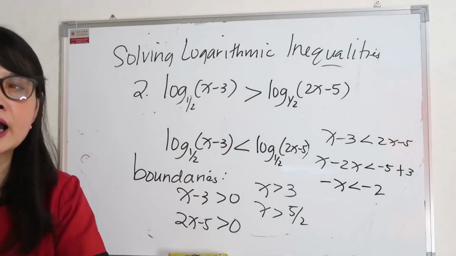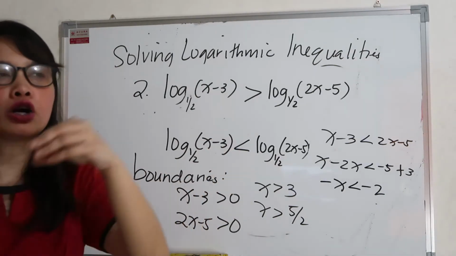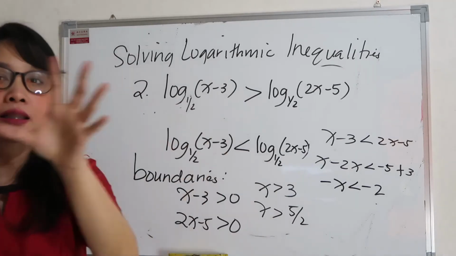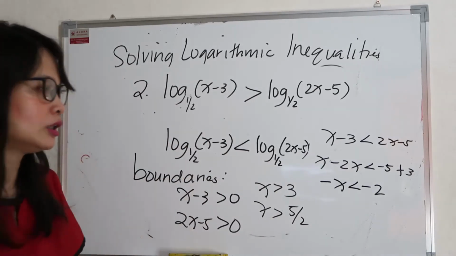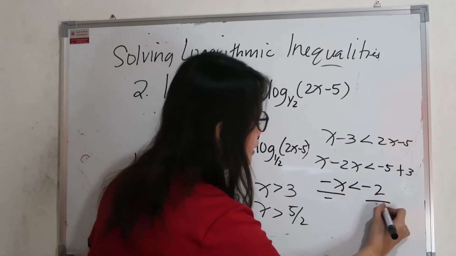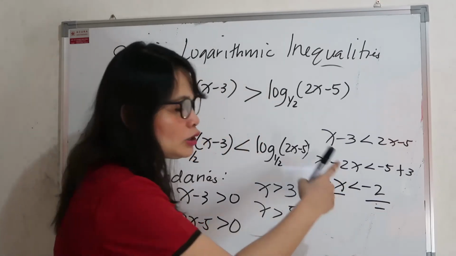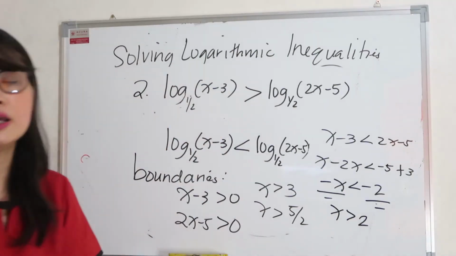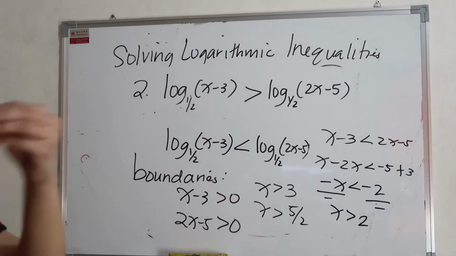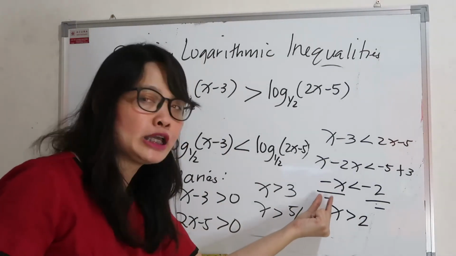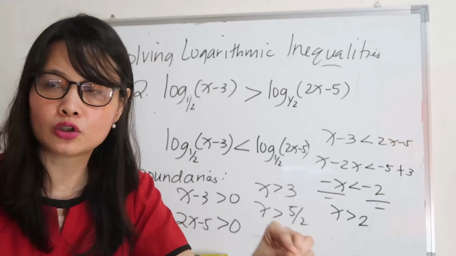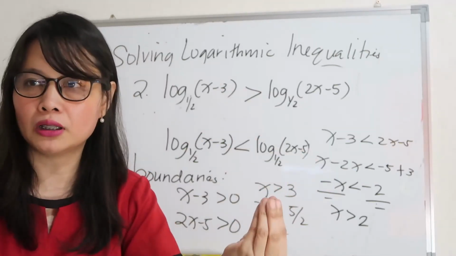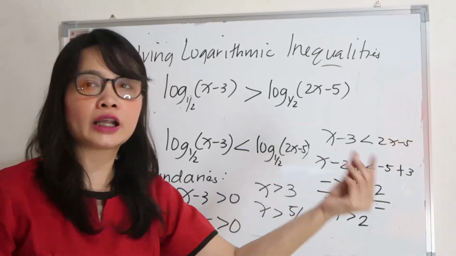If you are multiplying or dividing by negative numbers, you need to reverse the symbol. So from less than, it becomes greater than. So we have x is greater than 2.